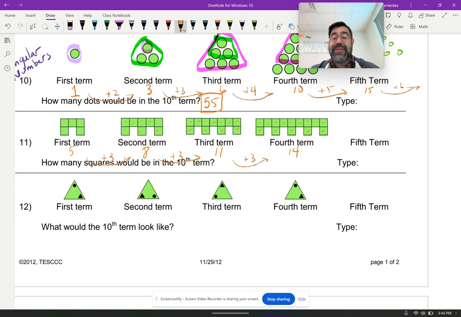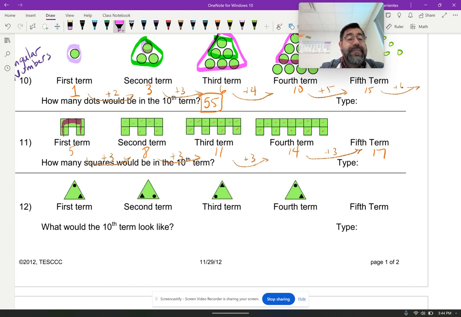If we're adding 3 every time, then the fifth term should have 17 squares. And we're going to draw it. And then the question is, how many squares are there in the 10th term? But let's draw the fifth term first. Now, how are you going to do that? If you notice, let me use the highlighter.